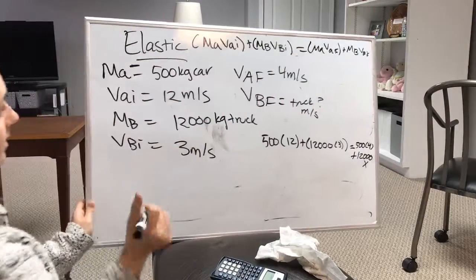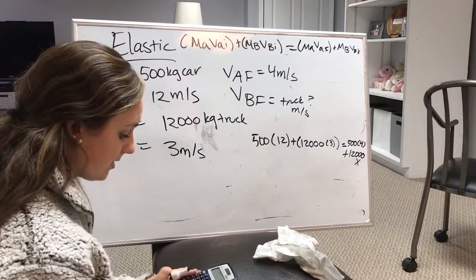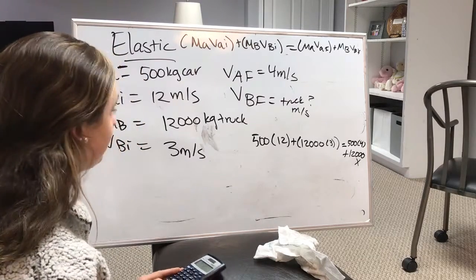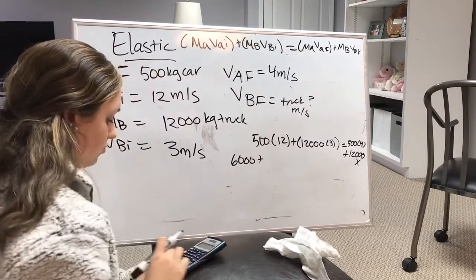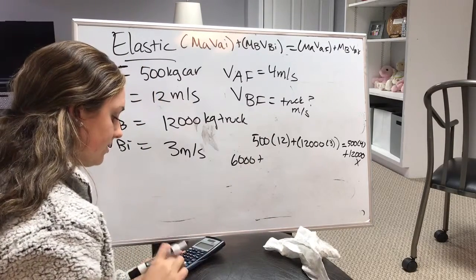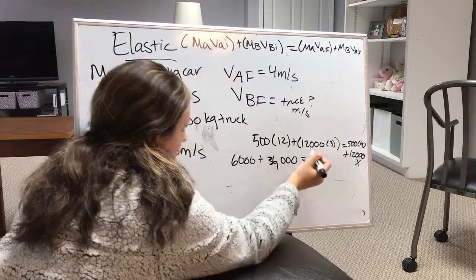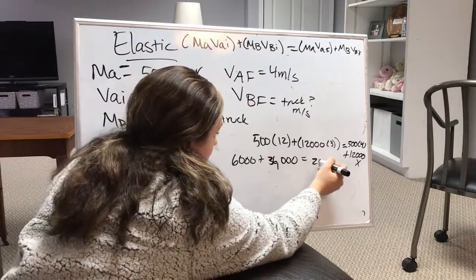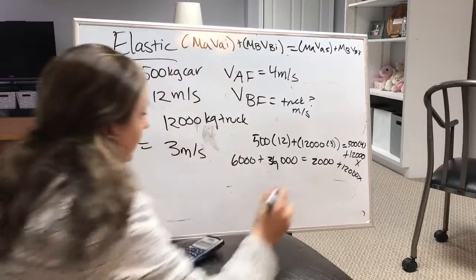X being the velocity of the truck after the collision. So we type into our calculator 500 times 12, and we get 6,000, plus 12,000 times 3, 36,000, equal to 500 times 4, 2,000, plus 12,000 x.